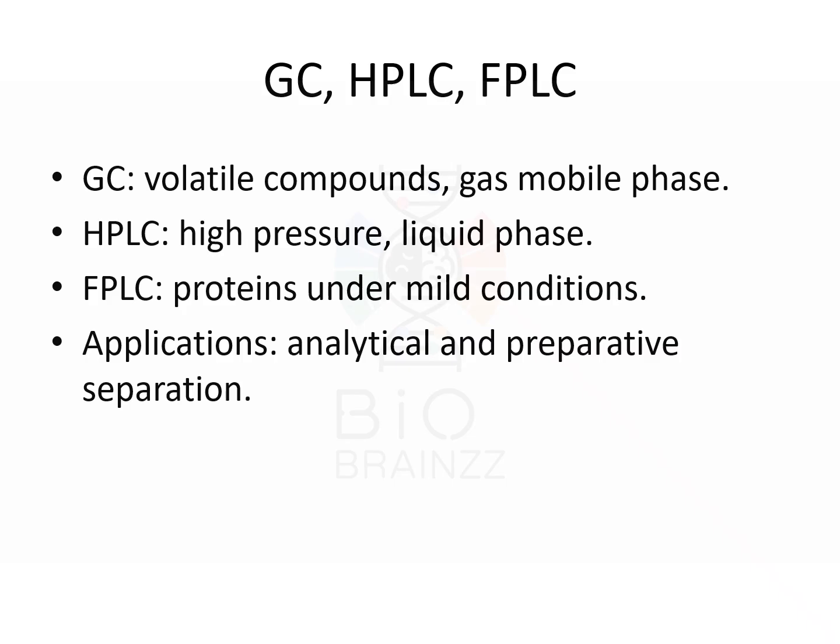It is very accurate and widely used. FPLC is similar but specially designed for proteins and works under mild conditions so that proteins do not get damaged. All these methods are used for both analytical and preparative purposes.